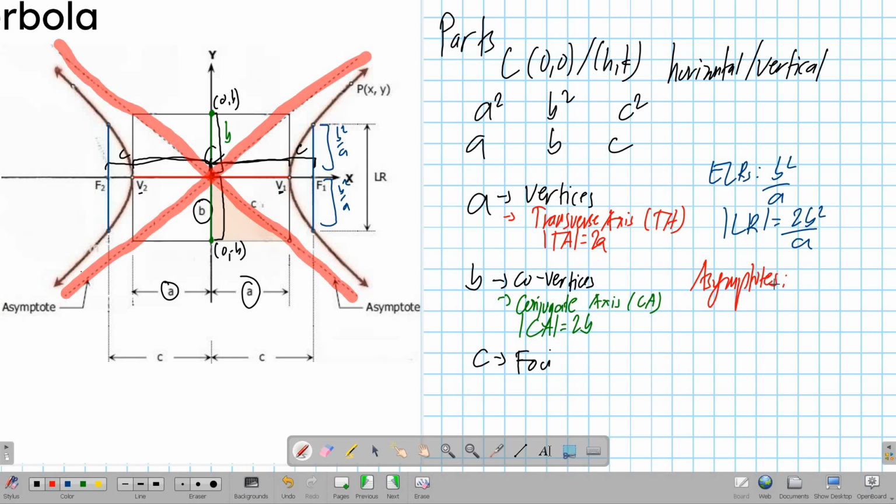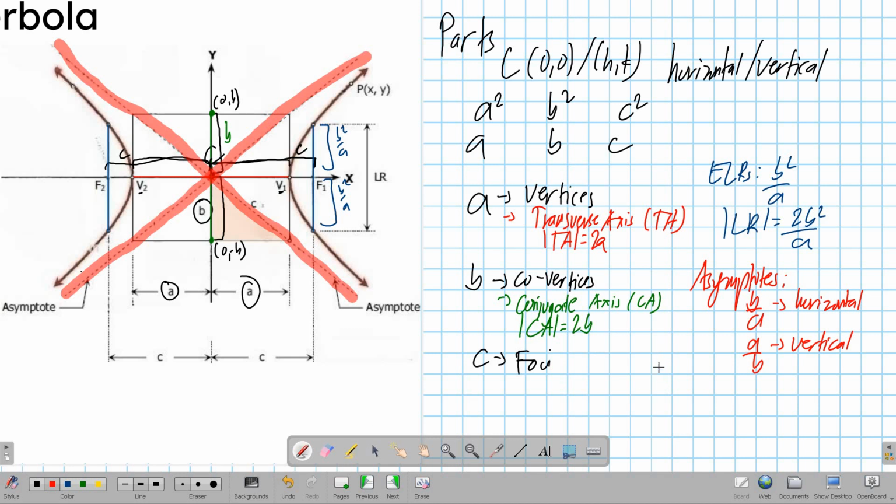The first thing that we need is their slope, which we compute as b over a if the hyperbola opens horizontally, and a over b if it opens vertically. The asymptotes are not part of the hyperbola, but they are guides in graphing the hyperbola, apart from the vertices and latera recta.